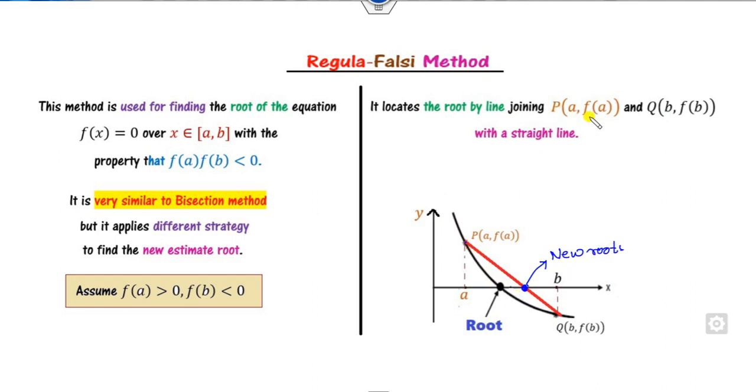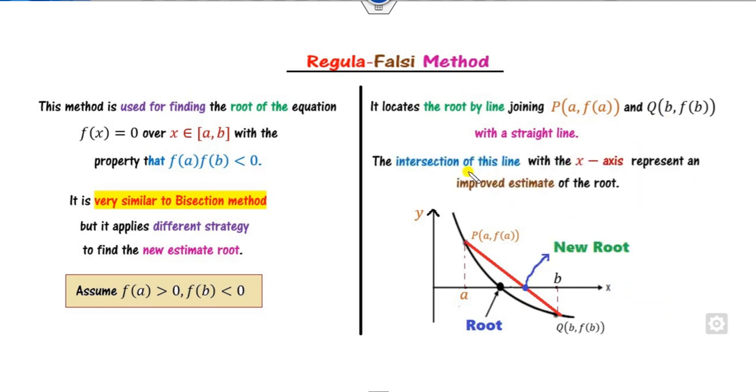It is the intersection of this line PQ with the x-axis. Because once it is on the x-axis, we can say y is equal to 0. So the intersection of this line with the x-axis represents the improved estimate of the root.